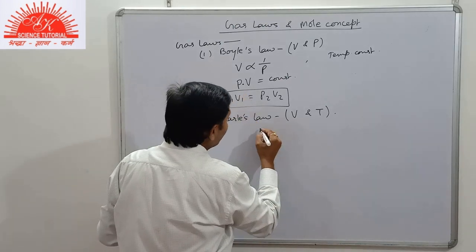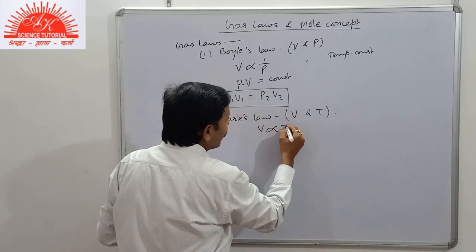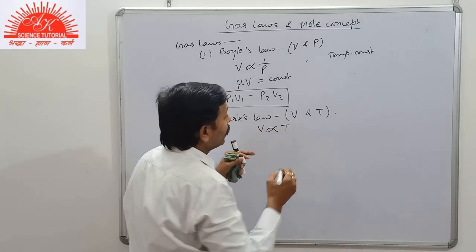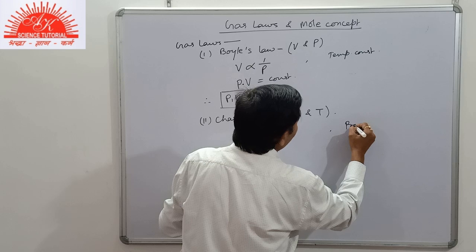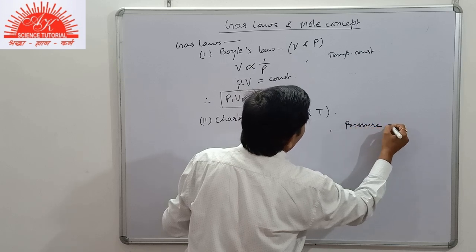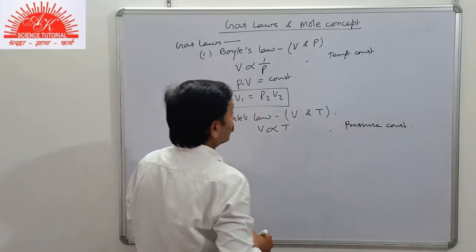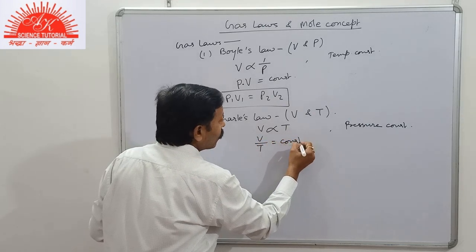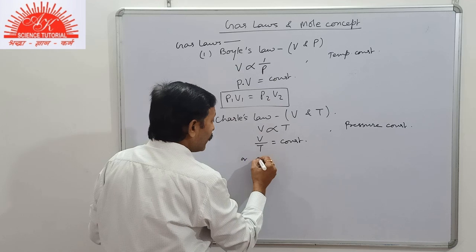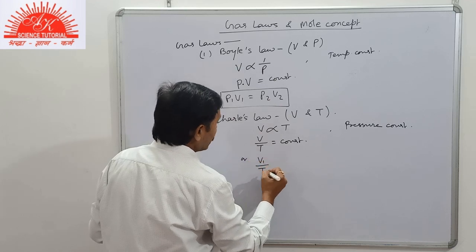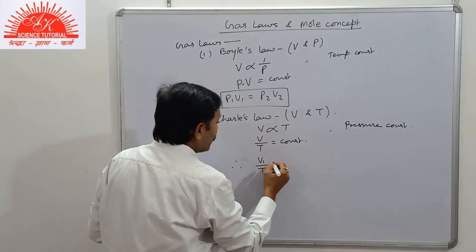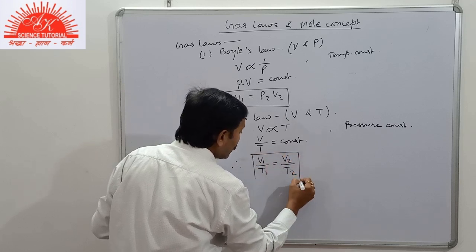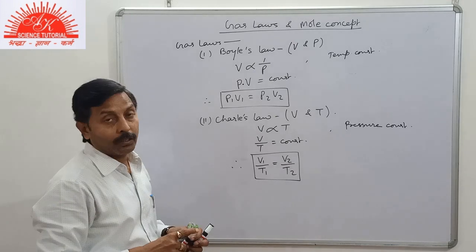According to this, volume is directly proportional to absolute temperature, not simply temperature, absolute temperature, keeping pressure constant. From this, V upon T equals constant, or we write V1 by T1 equals V2 upon T2. So this is to explain Charles' law.